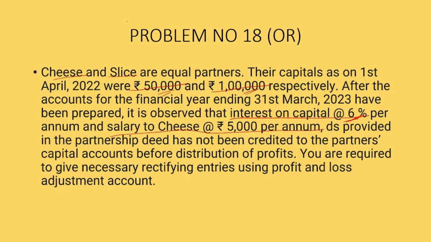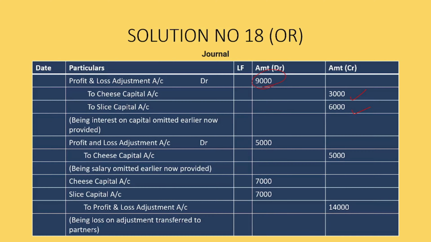It has been said in the question that salary to Cheese is 5,000 per annum, which has been provided but not credited. So the entry will be profit and loss adjustment account debit, to Cheese's capital account 5,000. So the salary has been omitted earlier but is now provided.